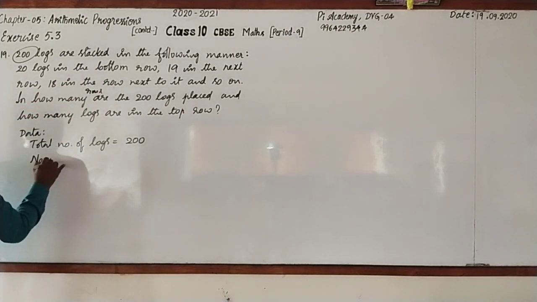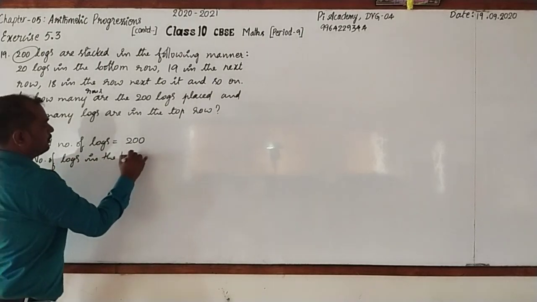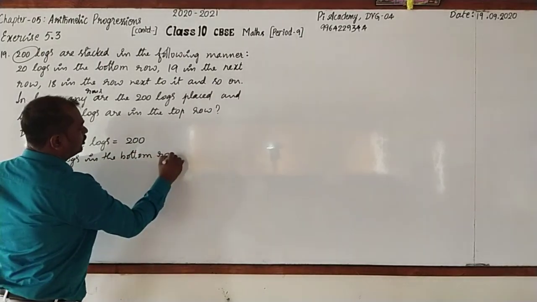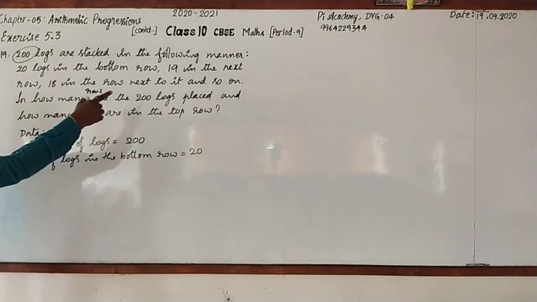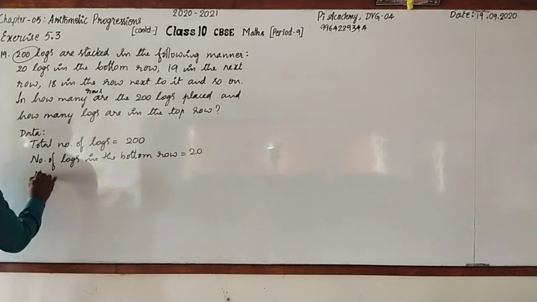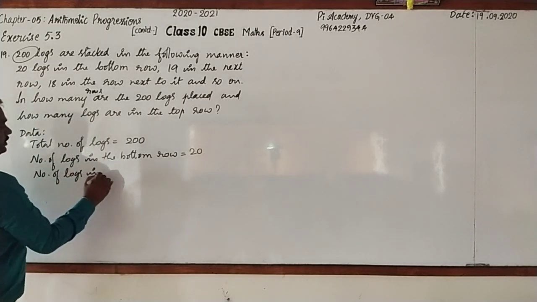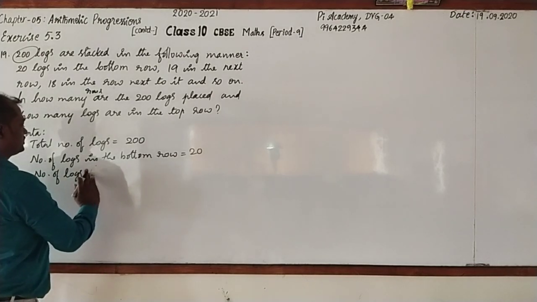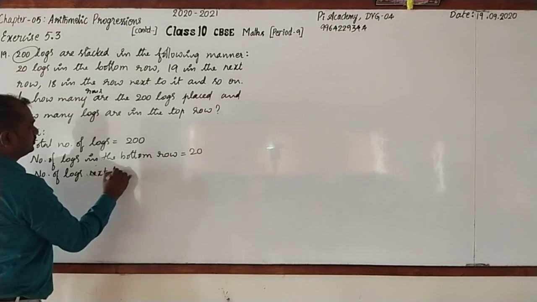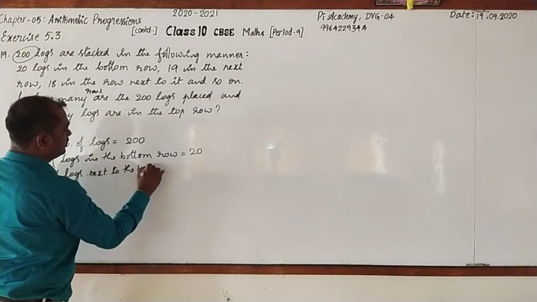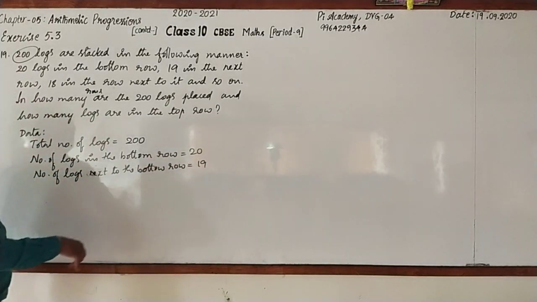Number of logs in the bottom row, how many are there? 20. Next, 19 in the next row. Number of logs next to the bottom row is 19, and it continues.